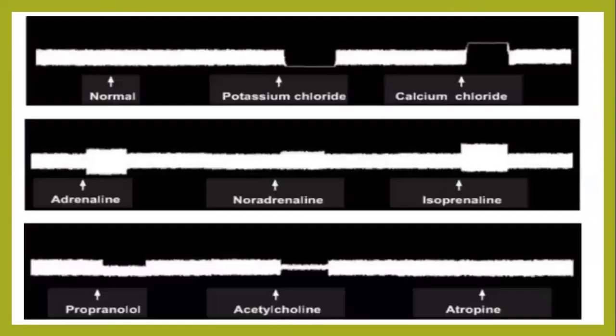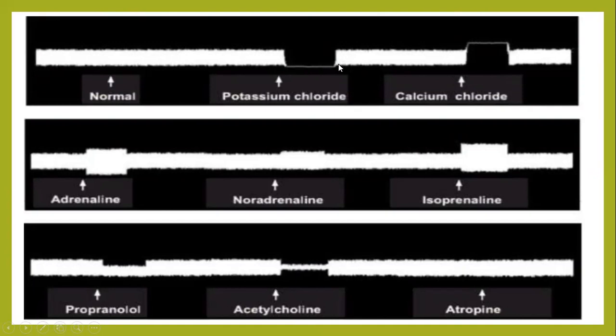So this is the graph you can see, which I have got from this particular software. You can see how that graph normally looks. When we give potassium chloride, it is a straight line.